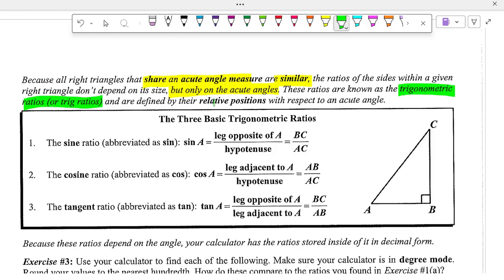They're defined by their relative positions with respect to the acute angle. We also call this the reference angle. In other words, it's the angle that we are referencing. So all of these ratios are in reference to angle A. This right here is our reference angle.